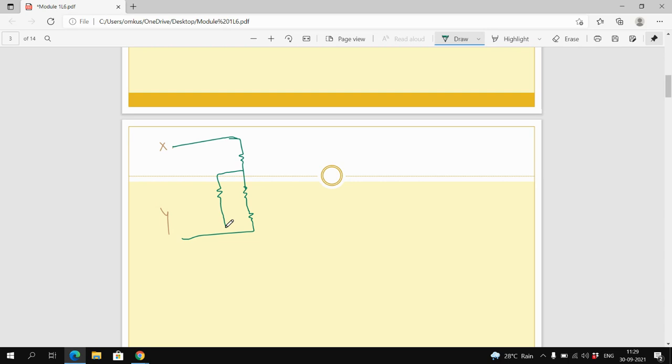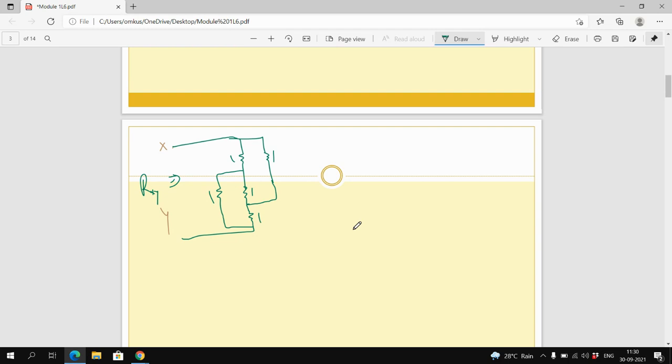And one ohm. Yes. Now see how to calculate this resistance Rxy.